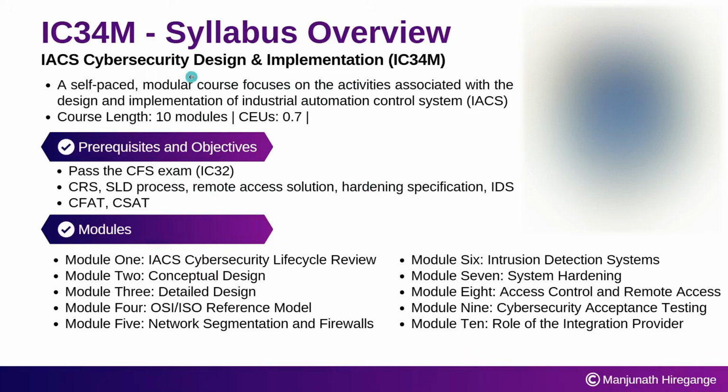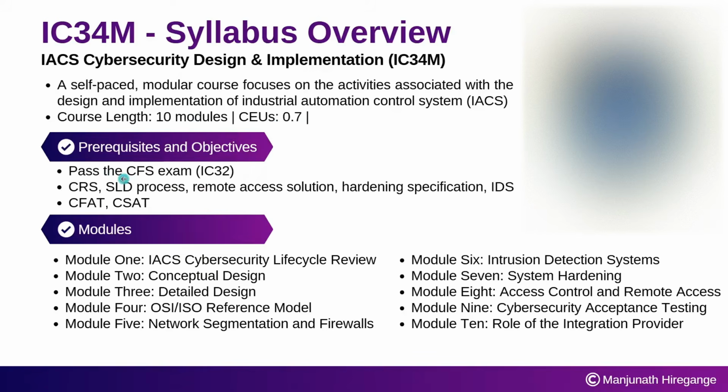Now let's take a look at the IC34M syllabus overview. It's called IACS Cybersecurity Design and Implementation. IC34M is the training module. It's a self-paced modular course that focuses on the activities associated with the design and implementation of industrial automation and control systems. The course length is 10 modules and provides 0.7 CEUs upon completion.